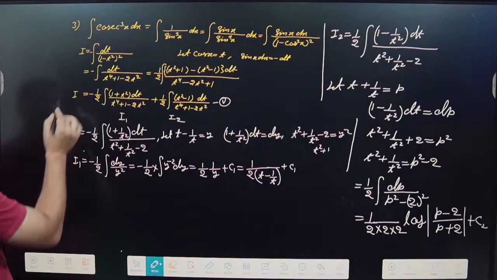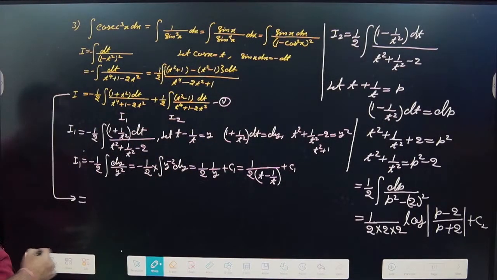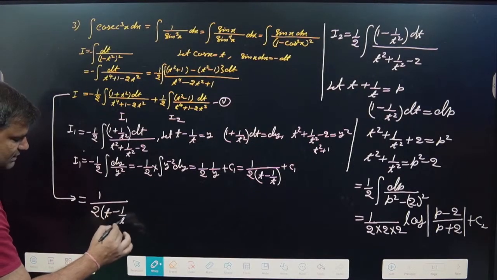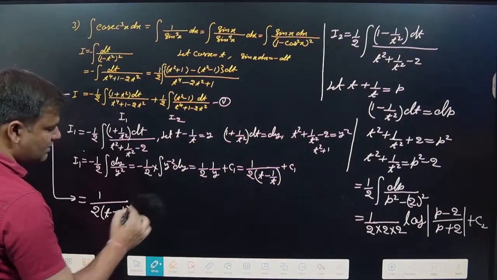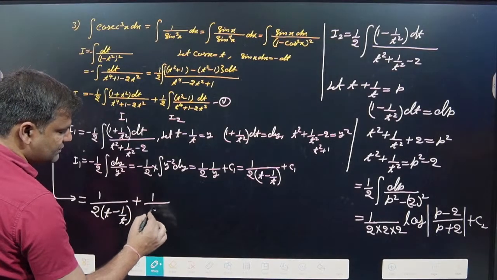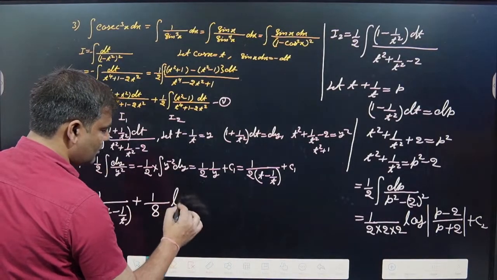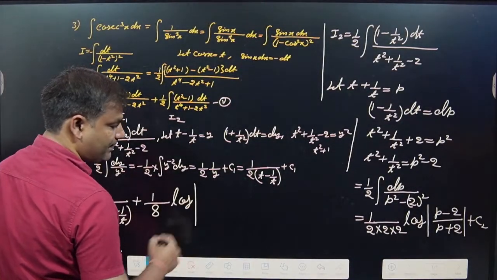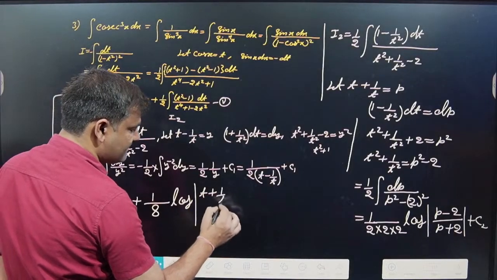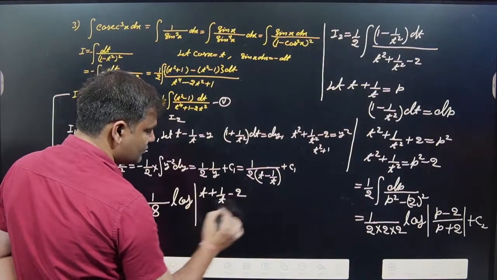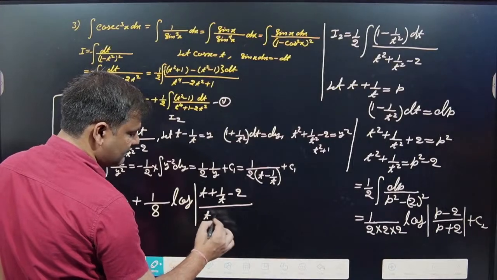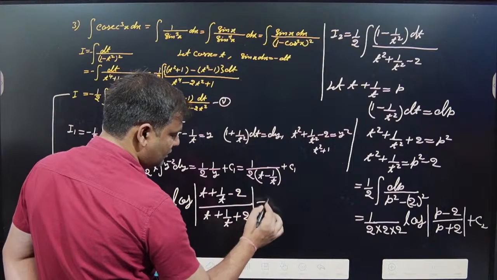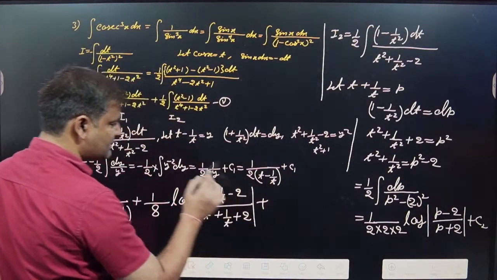Okay, now put these two values: this one is written 1 upon 2 into t minus 1 by t plus c1, plus 1 by 8 into log of p, basically t plus 1 by t, minus 2 divided by t plus 1 by t plus 2, plus c2 plus c1, that is C.